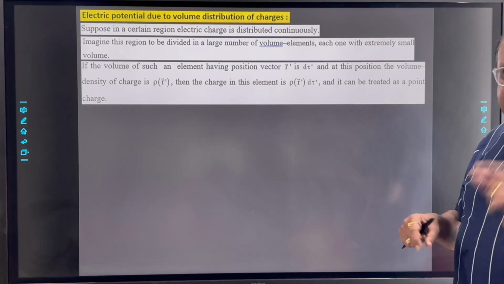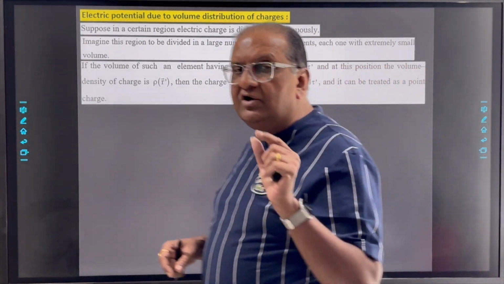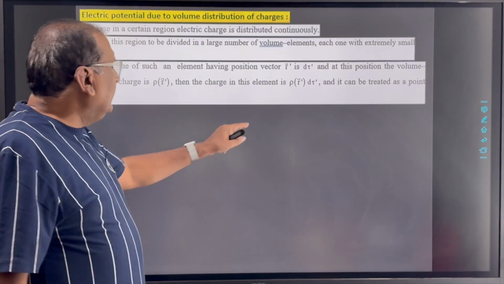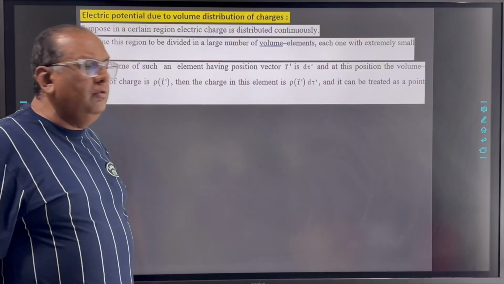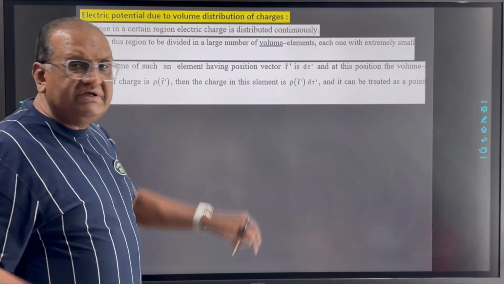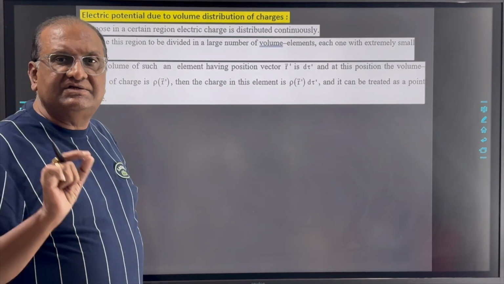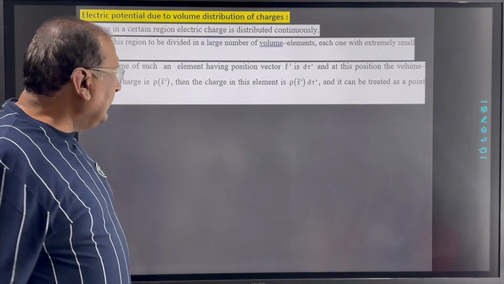The charge in that small volume element is rho at r dash d tau dash. Now due to this small charge, what is the potential?